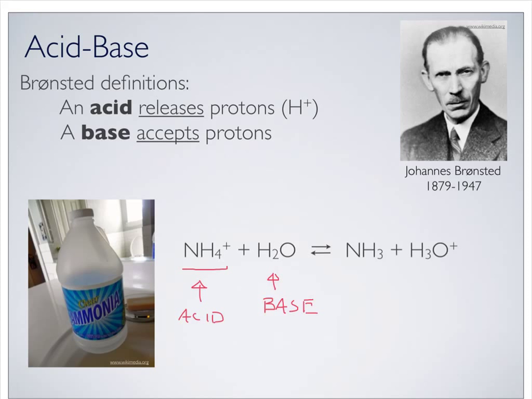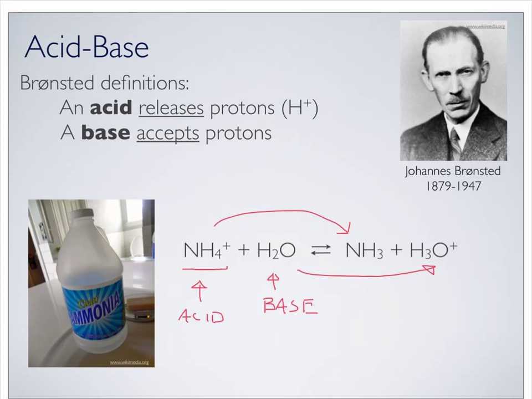And we see that the acid loses its proton, so we go from NH4+ to NH3, so that's the loss of a proton. And then the base actually gains a proton, so it goes from H2O to the hydronium ion, or H3O+.